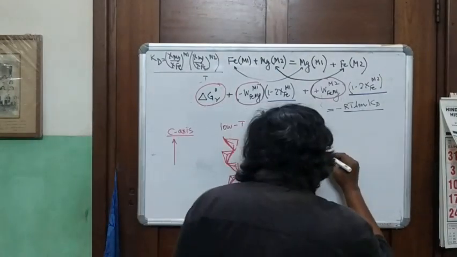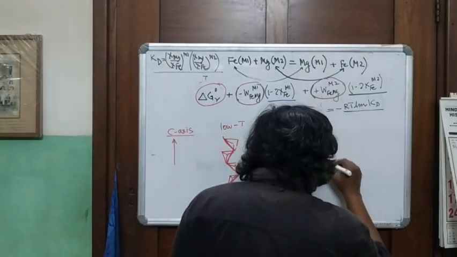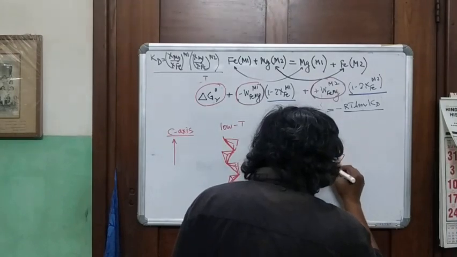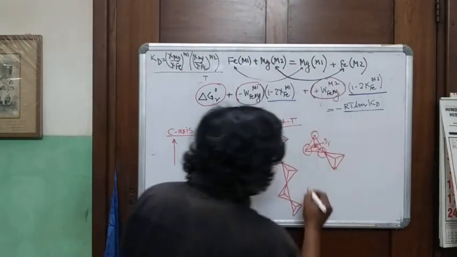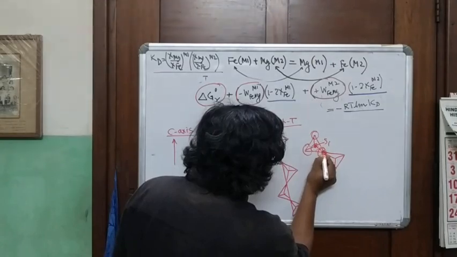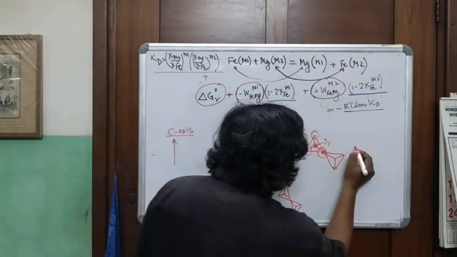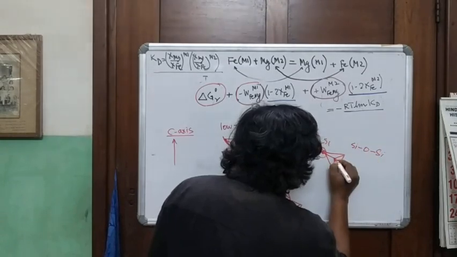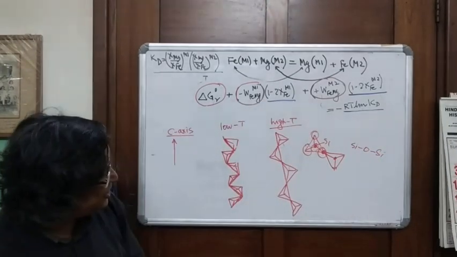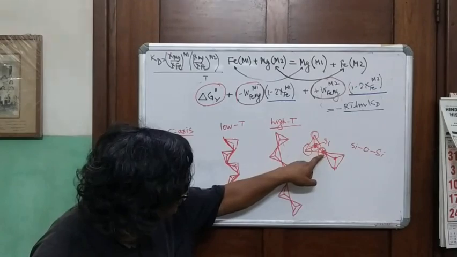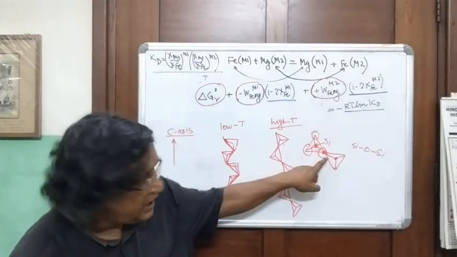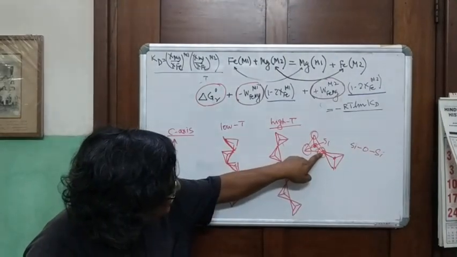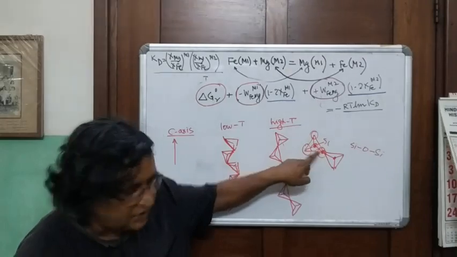And the adjacent tetrahedra, here it is, adjacent tetrahedra. This bonding is the Si-O-Si bond. Oxygen, silicon bond. And this is shared by 2 silicons, these are the 2 arms of the oxygen bond.